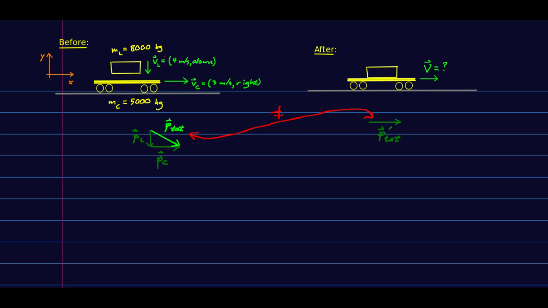But why? Why isn't momentum being conserved? Well, remember when momentum is conserved. Momentum is conserved when the system is isolated. And so let's think about what forces act on the car and on the load during the collision.